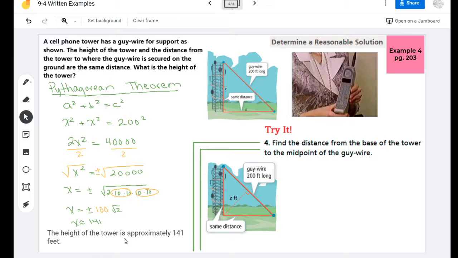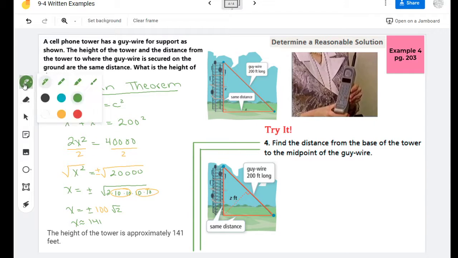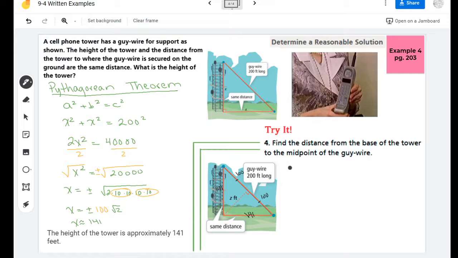Okay, so we already found that these distances are about 141, right? And if the guy wire is 200 feet long, this thing here is cutting this in half. So this part is 100 and this part is 100. So I'm dealing with a right triangle now. I'm going to try to draw a new right triangle.